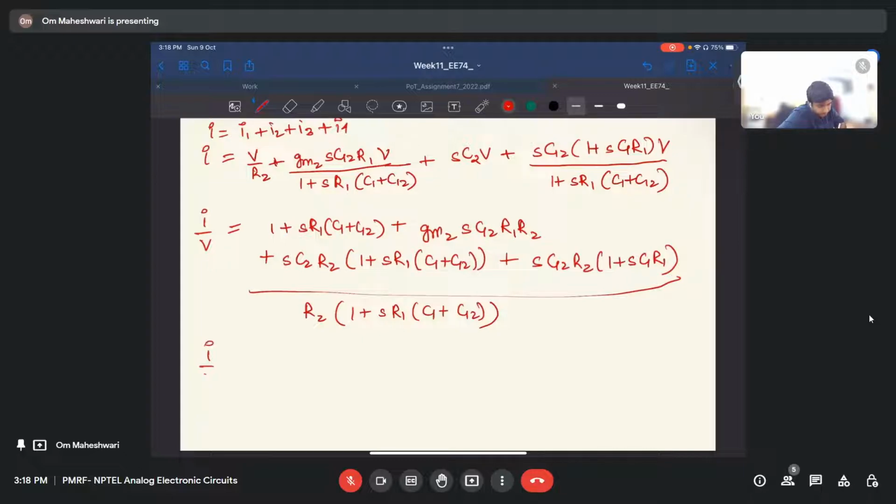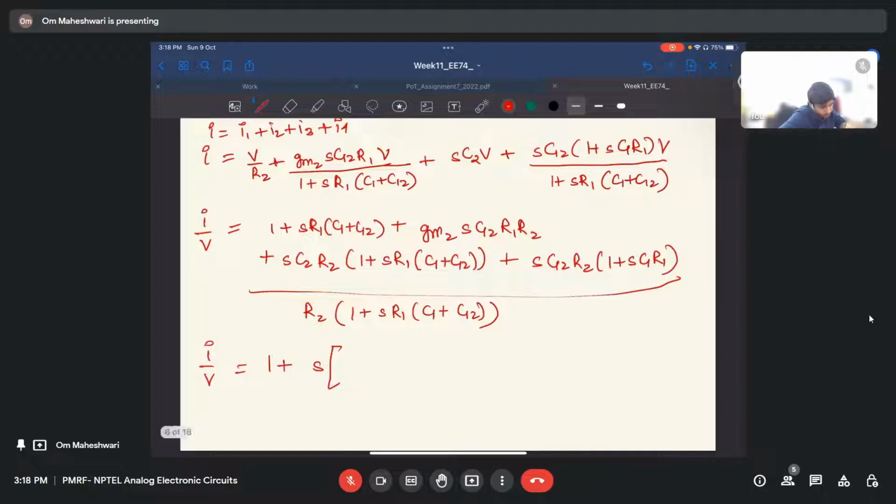So I by V is what? 1 plus, let's say, S times. What are all the S terms? S terms are this one and this term. And the other one will be from here and this. And one S term will be from here and this.